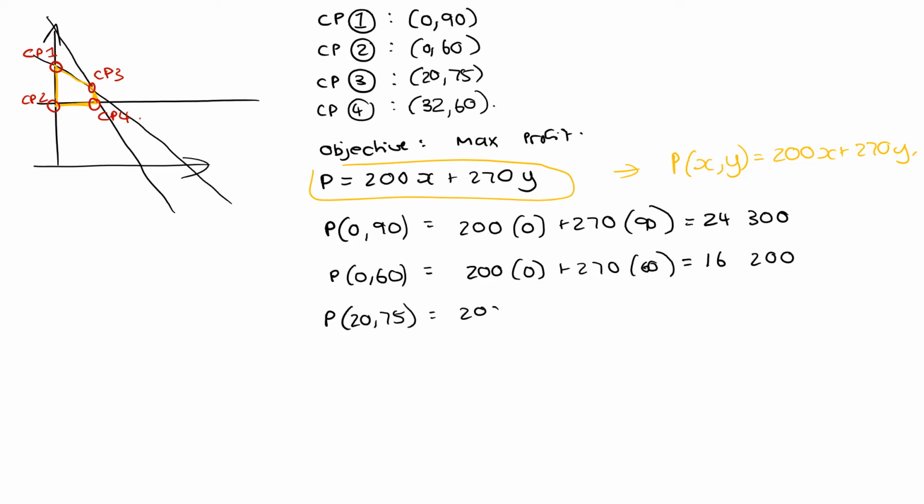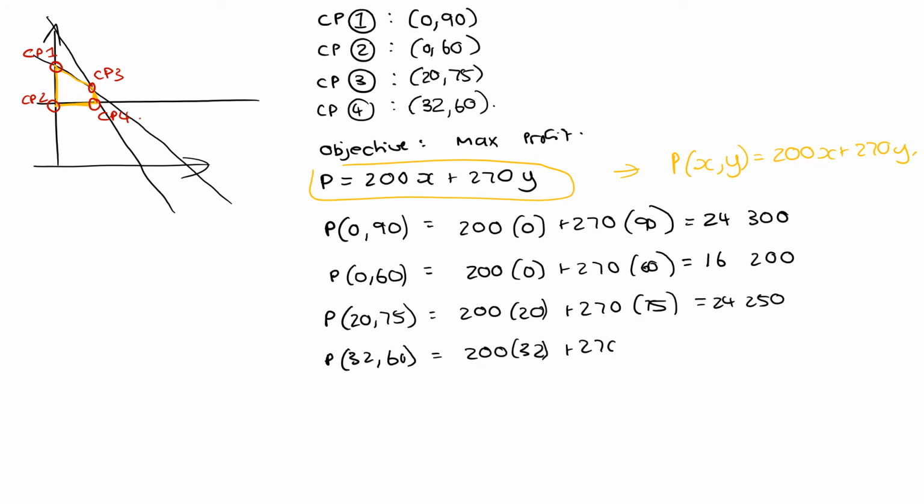That's 200 times 20 plus 270 times 75, and that is going to give us 24250. And then we look at the last corner point, 32 and 60. That would be 200 times 32 plus 270 times 60, which gives us 22600.